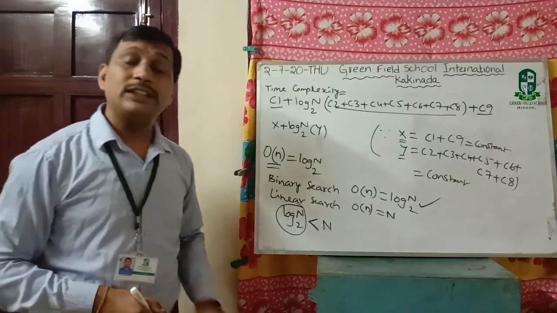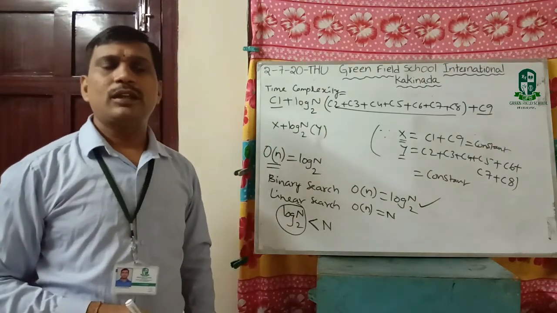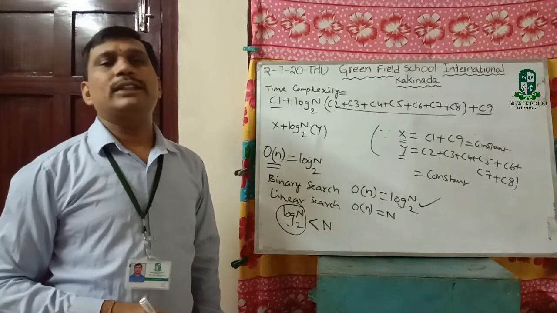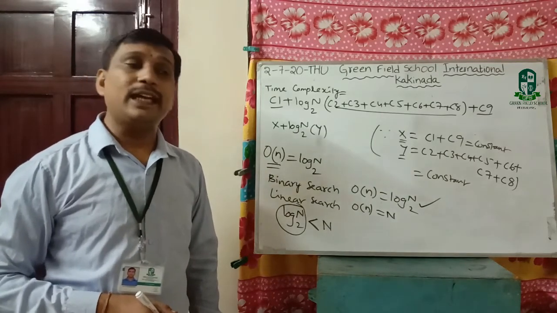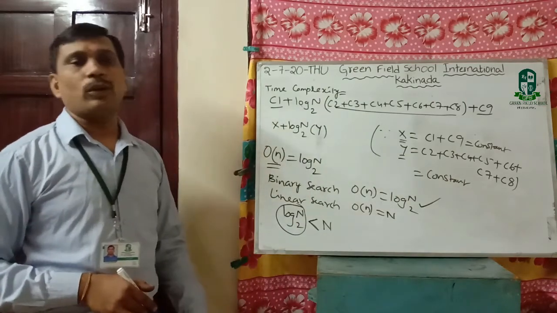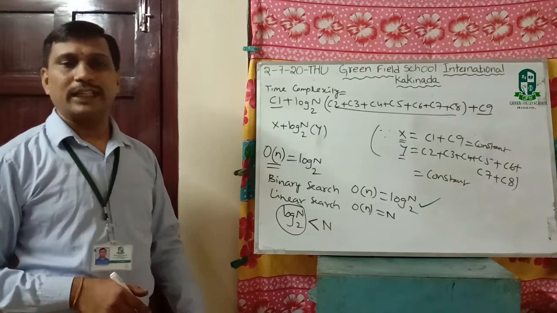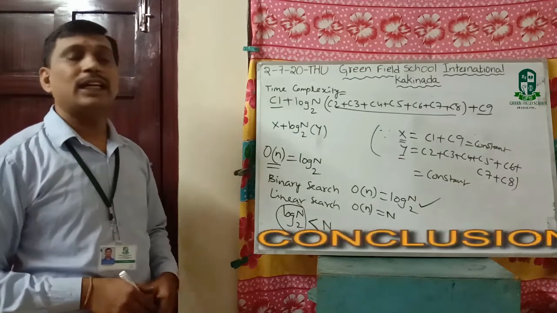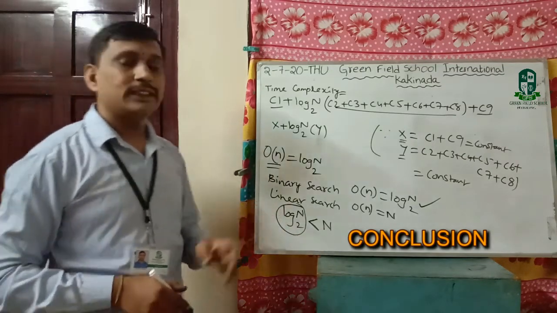This is the task of the operating system: it calculates this time complexity, decides which one is the best, and continues the best process among all these techniques. This is the concept we discussed today.